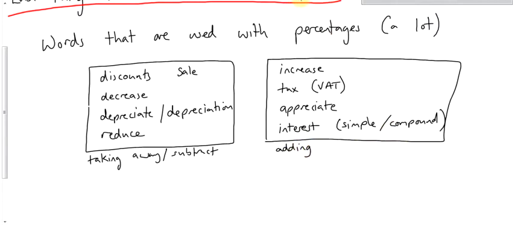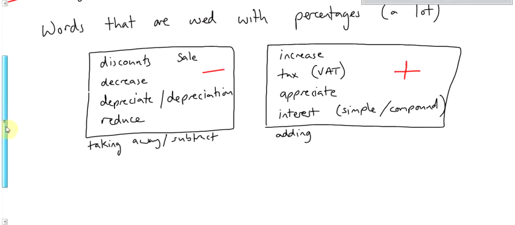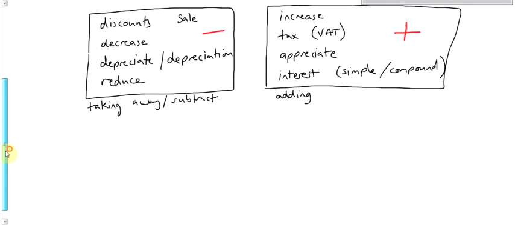So we've got the adding words and taking away words, and you need to watch out for those words because they will turn up in exam questions and in real life, because this is a bit of maths which everybody comes across. So let's just make up a couple of examples, one of each, just to give you a bit of a feel for it.